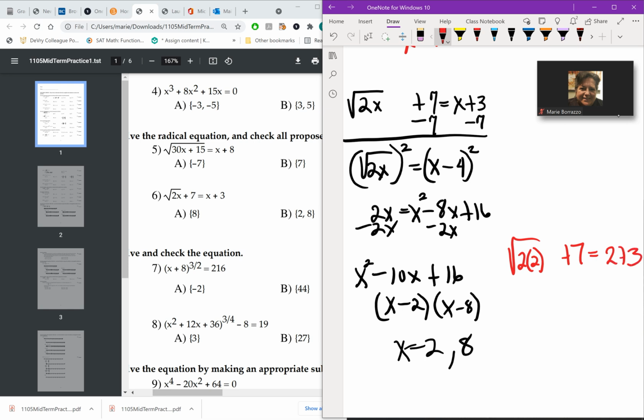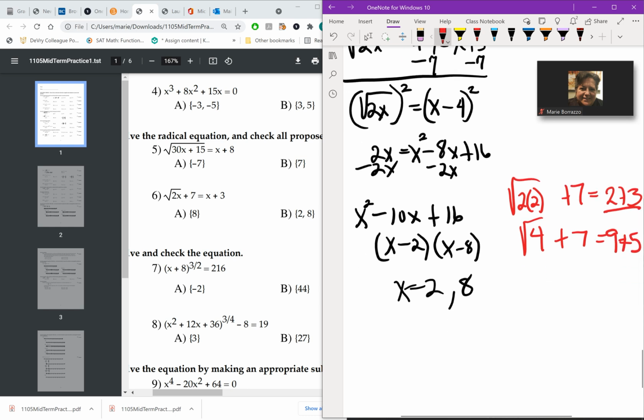So the square root of 4, plus 7, is going to equal 9. That is not equal to 5, which is what you get here. So 2 is not one of your answers.